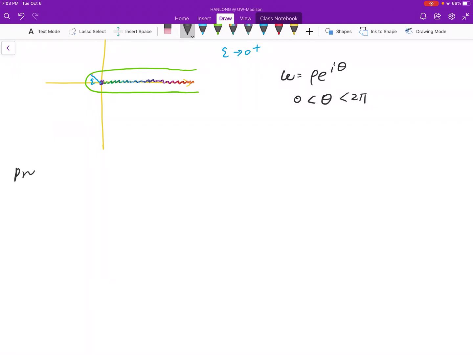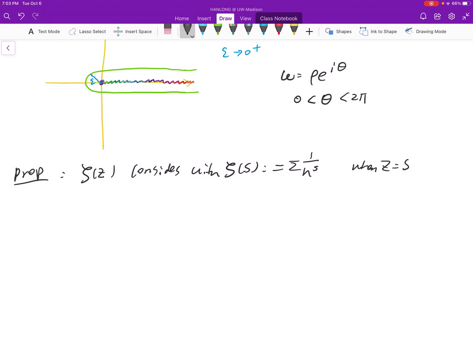Okay, next proposition. Zeta hat z coincides with zeta s, which is defined as the sum of 1 over n to the s power, when z equals s, for real part s greater than 1.